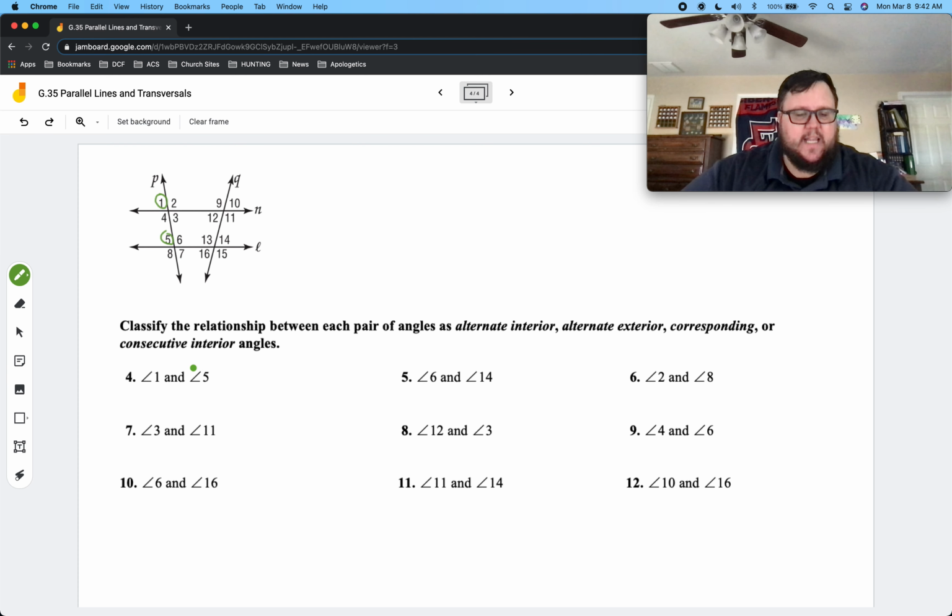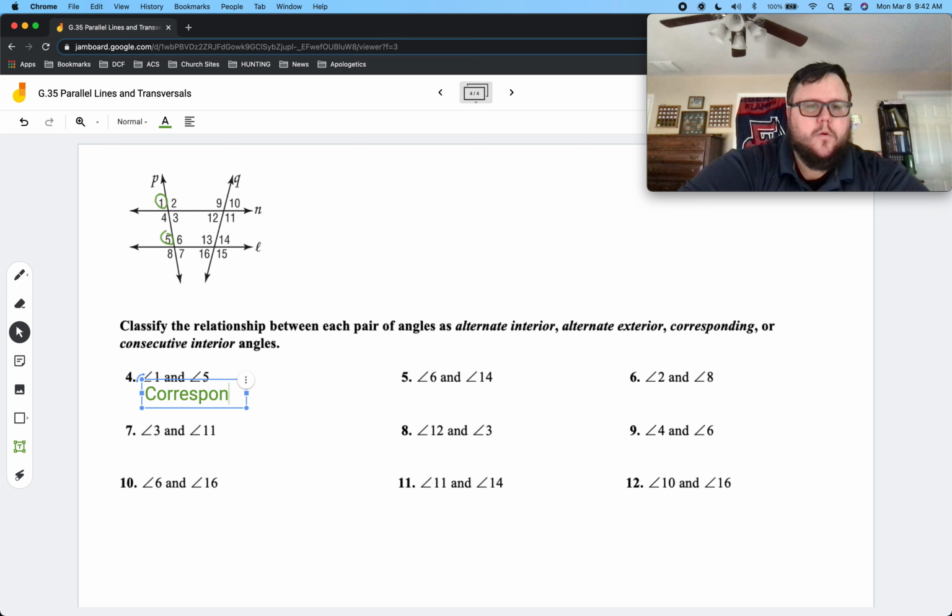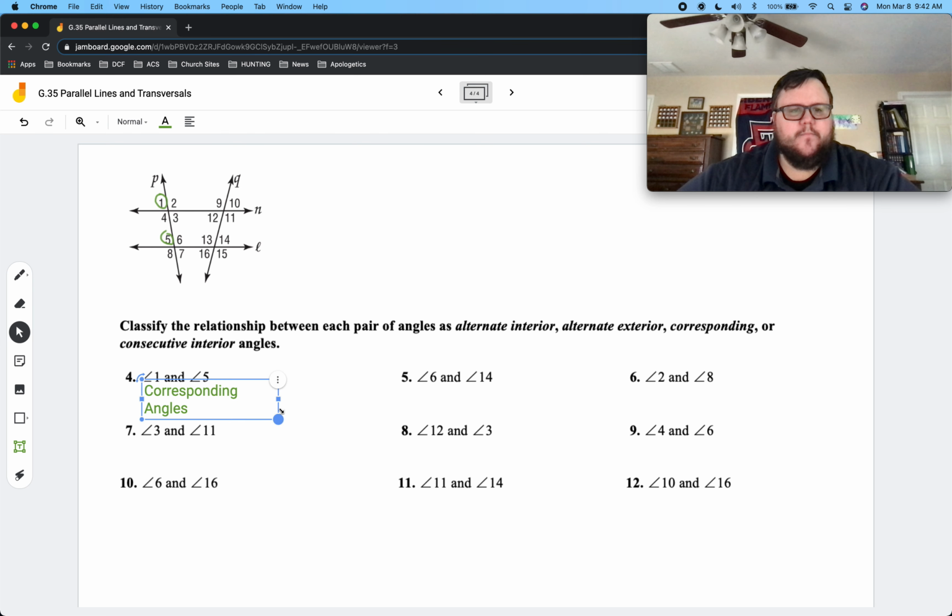So that means that they are corresponding. You know what? I'm going to just type it because that's going to be easier. So they are corresponding angles.